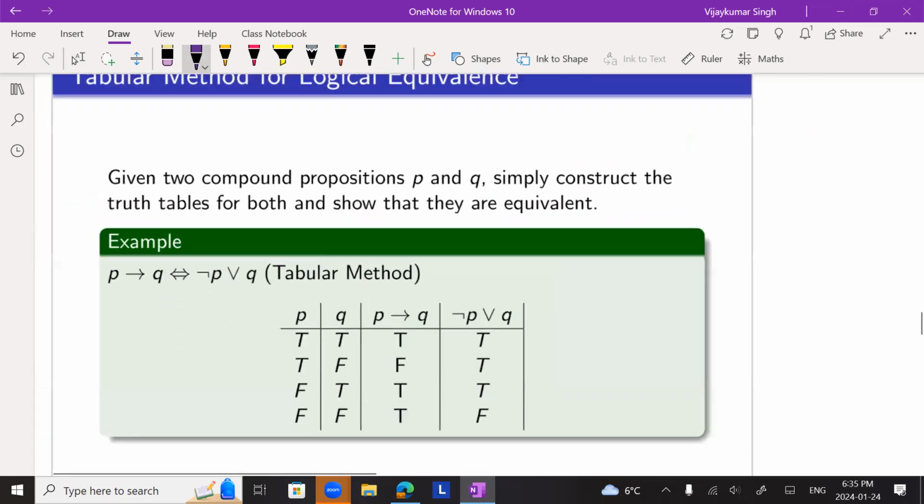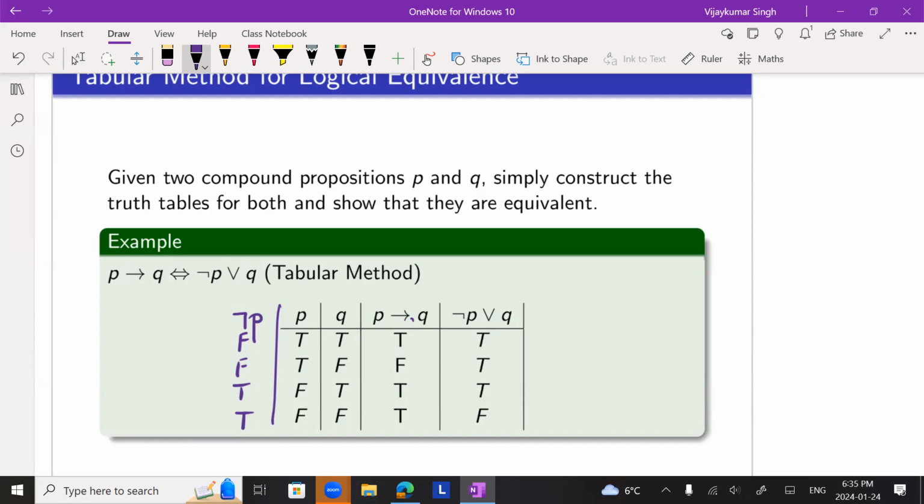So here, again, I'm writing the same thing that we did just now. We have P implies Q is logically equivalent to negative P or Q. Why? Because we are showing that they have the same, here is a mistake from my side, right? We have P, we have Q. Let me write negative P. In that case, it will be what? False, false, true, true. And then what is negative P or Q?